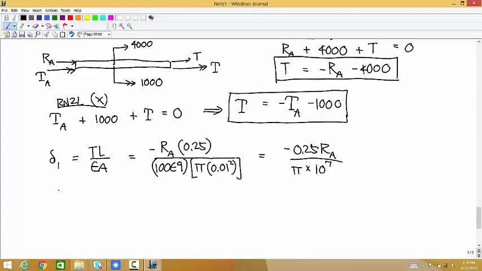Okay, and then for the second piece, delta 2 is equal to this expression for the internal tension, so negative RA minus 4,000. And what's the length of that piece? 0.75, yep. Divided by the same denominator, so pi times 10 to the 7th.